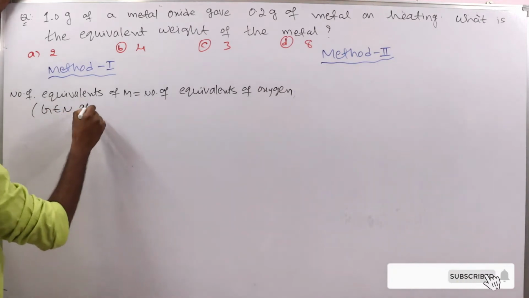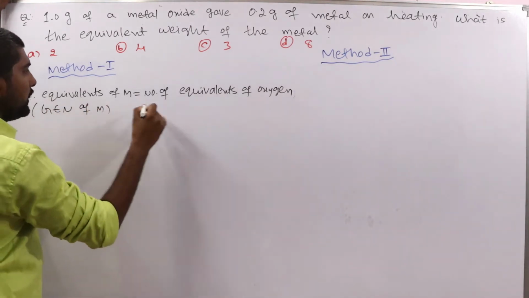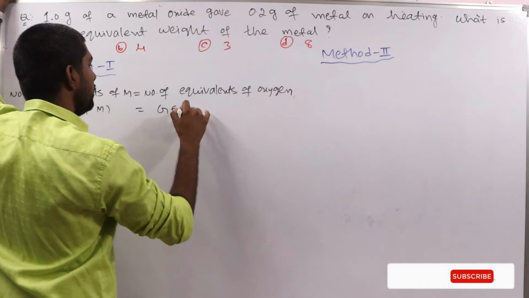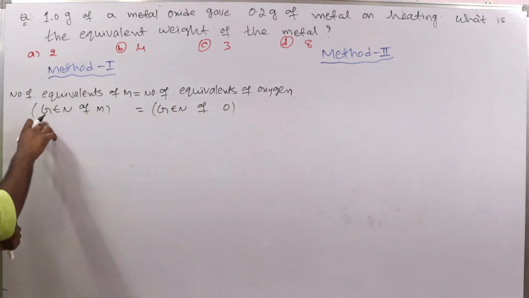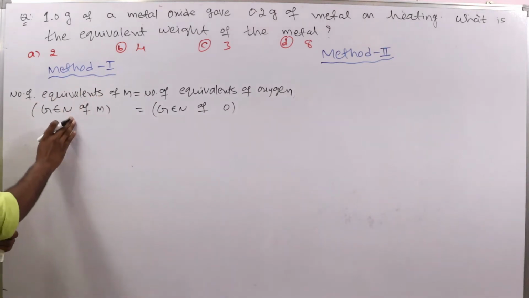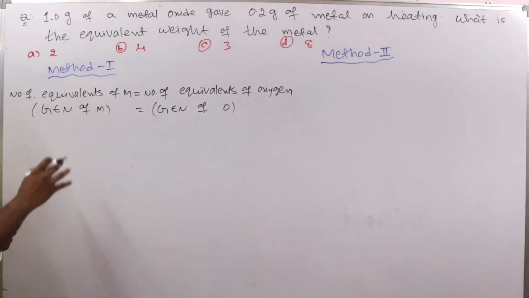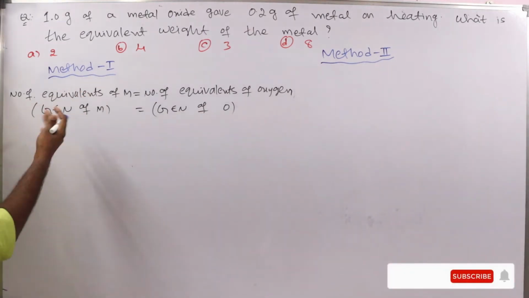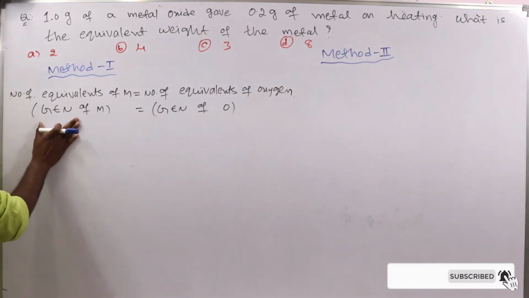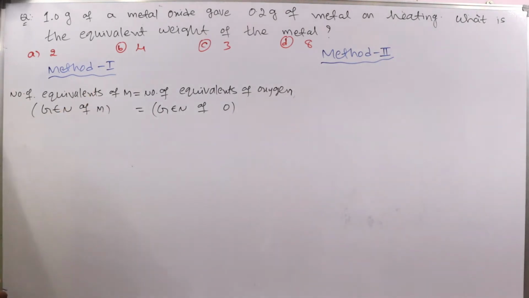In this case, this is the relation we have to use, or we can write GEN, number of gram equivalents of metal equal to GEN of oxygen. Number of equivalents or gram equivalent number, whatever it may be, it is the same relation. In some books it is given as number of equivalents, in some other books as GEN, that is gram equivalent number.